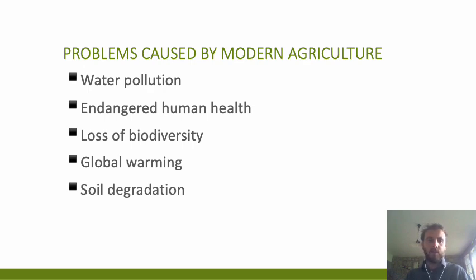We have the health of humans, which is endangered by this agriculture. We have worldwide a loss of biodiversity. We of course have the global warming, of which agriculture is one of the reasons, and we have soil degradation.